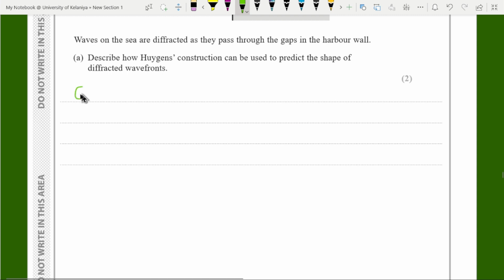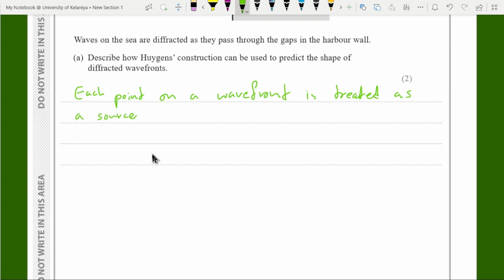First, you have to mention that each point on a wavefront is treated as a source of secondary wavelets, and these secondary wavelets interfere, or superpose.